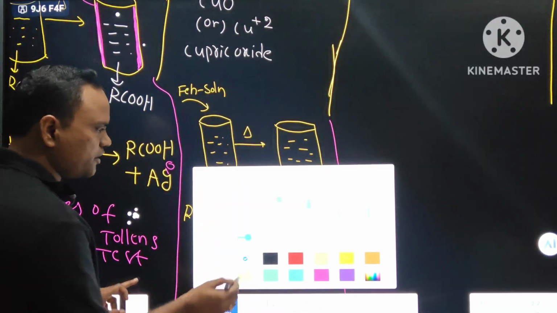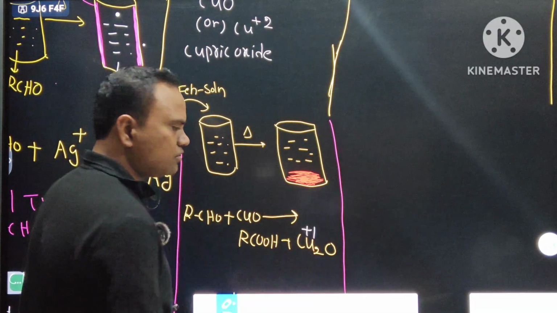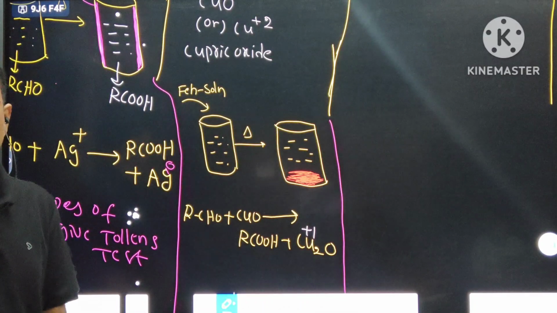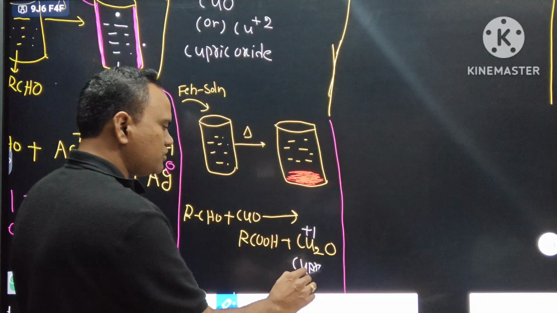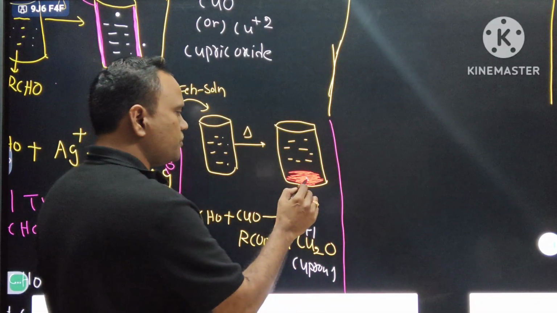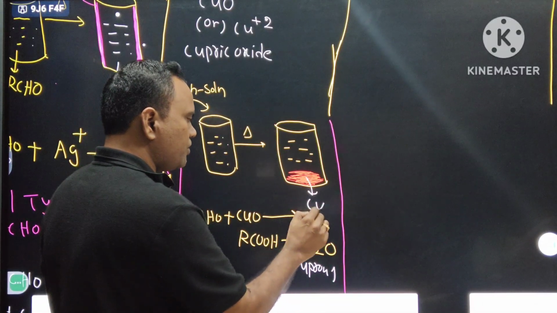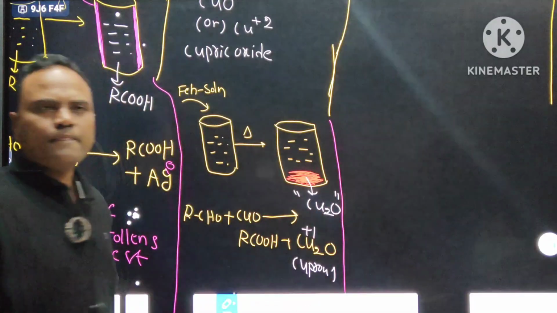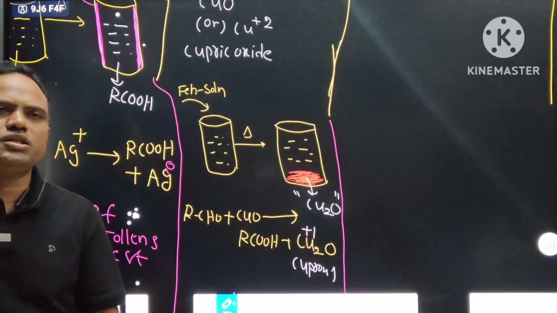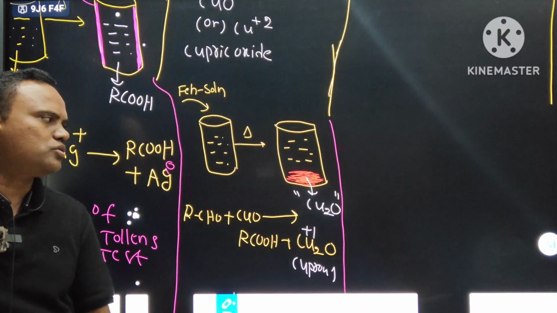What is the oxidation state here? Plus 1. This is which oxide? Lower oxidation state, cuprous oxide. So what is the formula of this red precipitate? Cu2O. Very, very important for objective exams. What is the formula of that red precipitate formed in the Fehling's test? Cu2O.